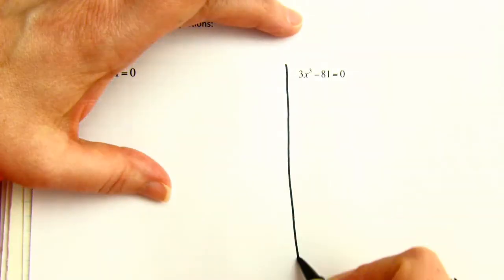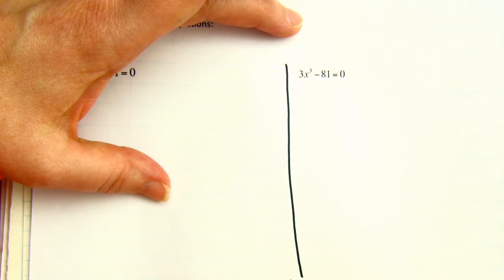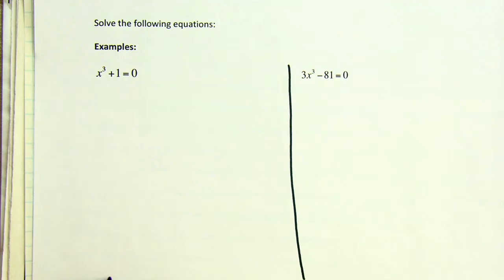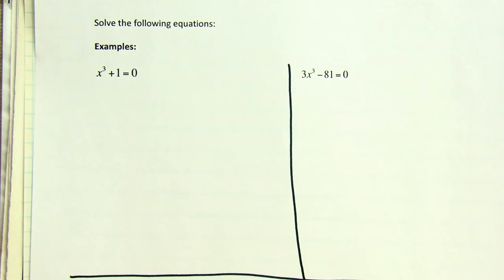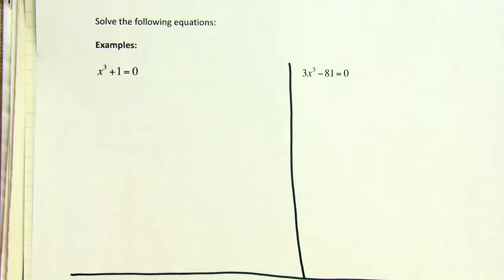This I'm going to kind of puzzle to give myself some good workspace. So I separate my problems. So I guess I will use red. All right, x cubed plus 1. I can factor the left side.